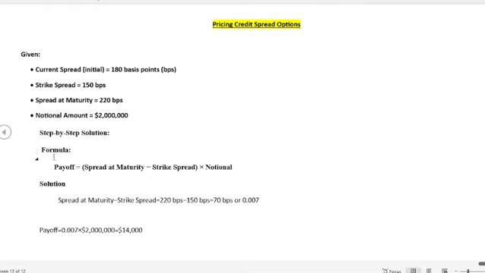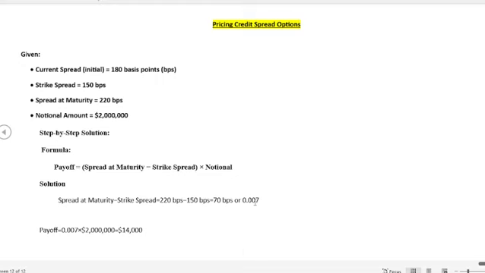Now the solution. How to solve this? Spread at maturity minus strike spread. Spread at maturity is 220, and strike spread is 150. 220 minus 150, we get 70 BPS.